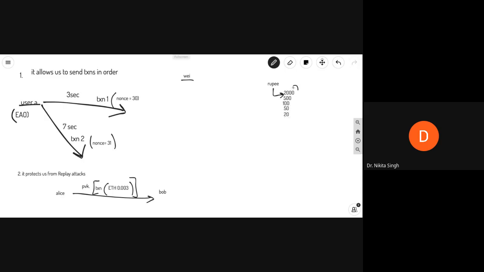So there are several denominations in which you have your money. Same is with ether. Wei is the smallest denomination of ether, and one ether is equal to 1 into 10 to the power 18 Wei.